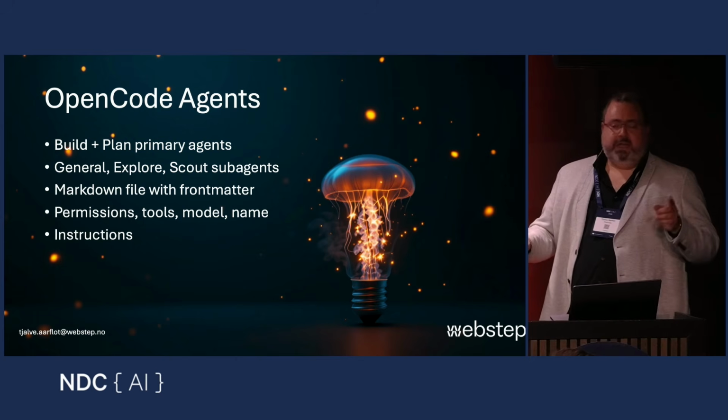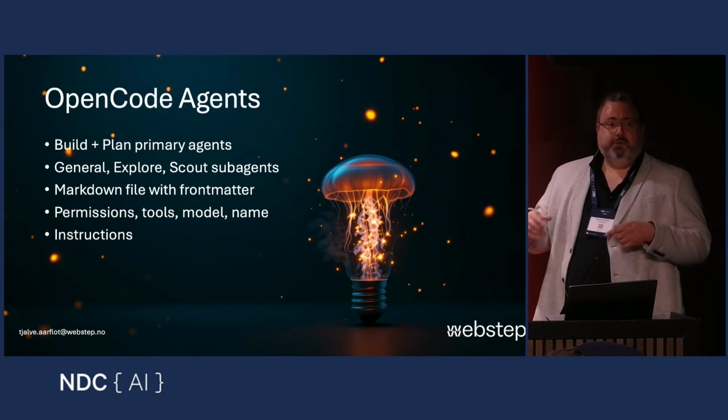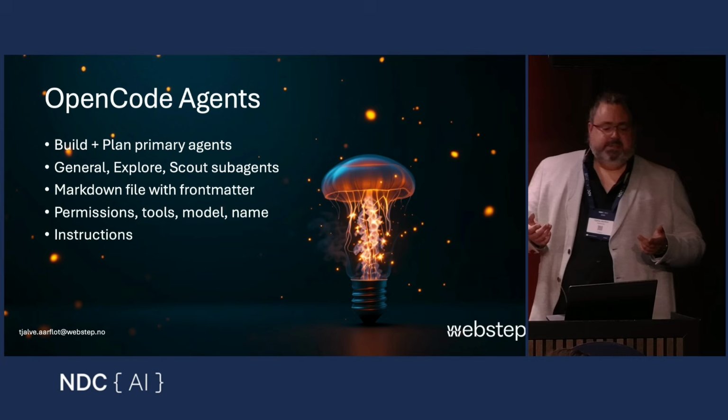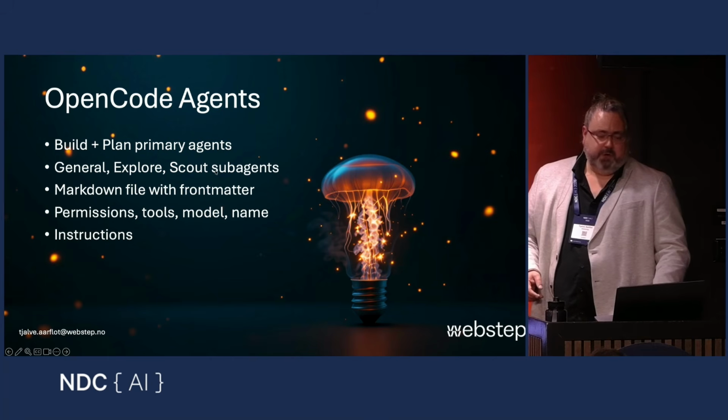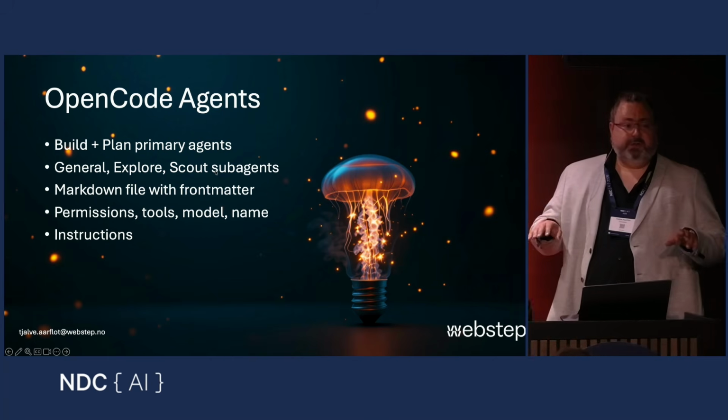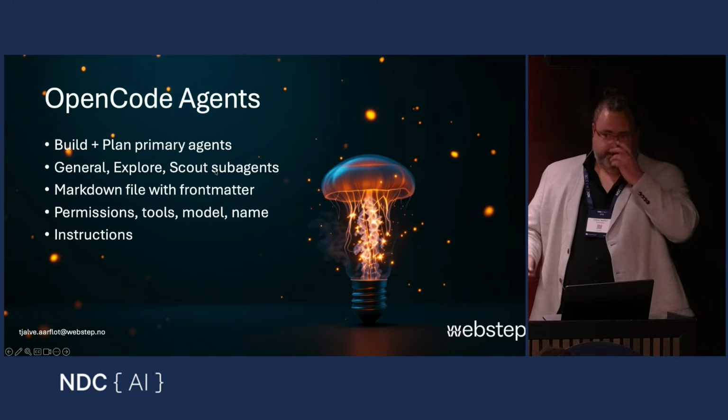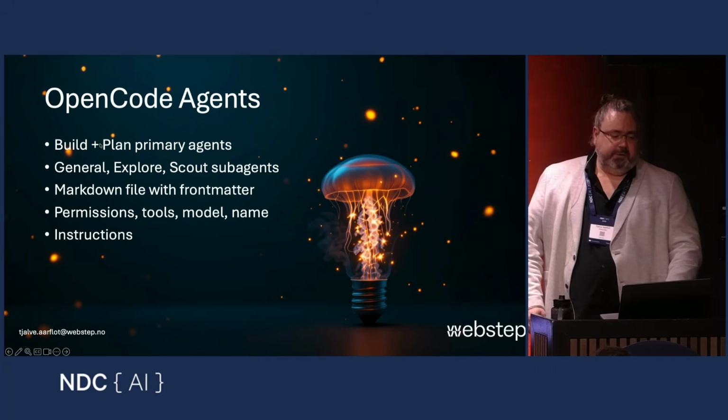When we saw I had plan and build available, those were my primary agents. And they can call some predefined sub-agents, General, Explorer, Scout, which are just tools that OpenCode has created to help explore the library, etc. So these primary models will use these if they want.